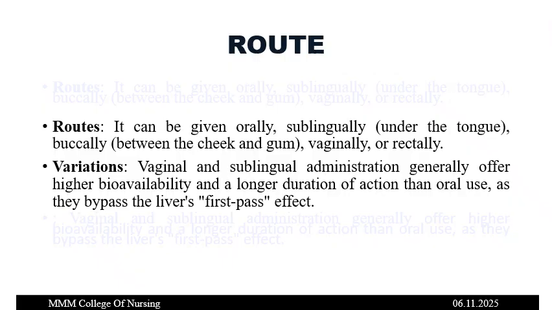So before it reaches the blood, a great amount of drug is reduced by the liver. This process greatly reduces the drug's bioavailability, which is the fraction of the drug that reaches systemic circulation in its active form. So only a fraction of the drug reaches the blood when we take the drug orally, whatever drug it is.